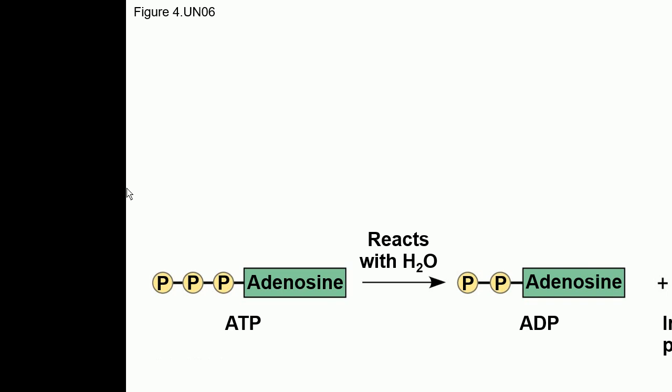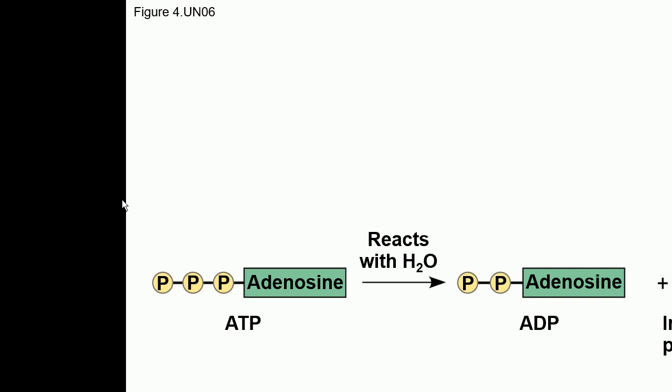When these negatively charged groups come together, they are going to repel. That energy required to keep these groups together is stored in the form of these bonds. And where does this energy come from to make these bonds?